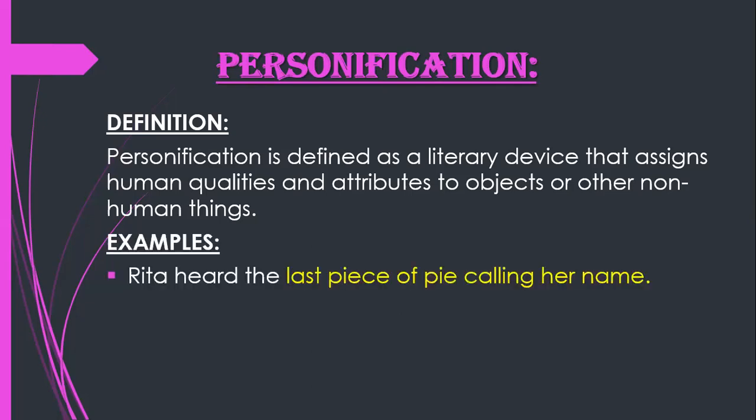For instance, if I say Rita heard the last piece of pie calling her name, do you believe a piece of pie can call someone? No. What does it mean? Who calls? A human being. So here, a human attribute has been depicted in a piece of pie.